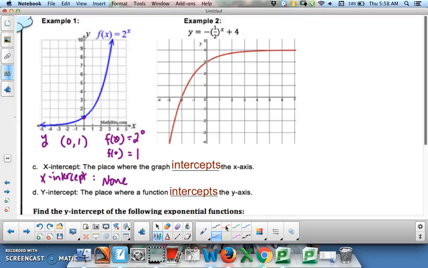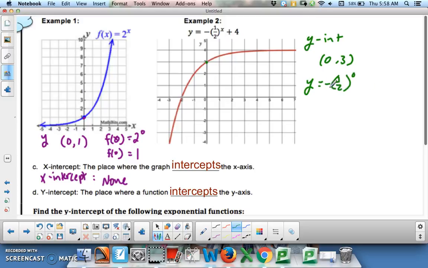Okay, when I look at this one, it's a bit different. Again, my y-intercept, pretty easy to find. It's right there. So my y-intercept is going to be the point (0, 3). Algebraically, you would put a 0 in for x, so we would have y = -(1/2)^0 + 4.